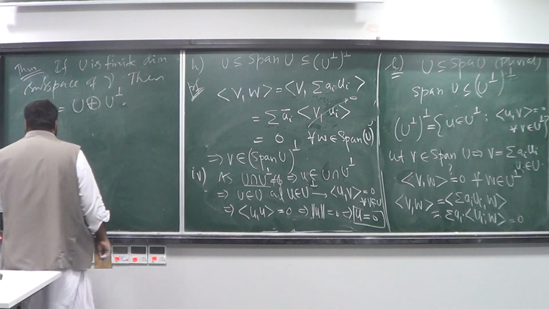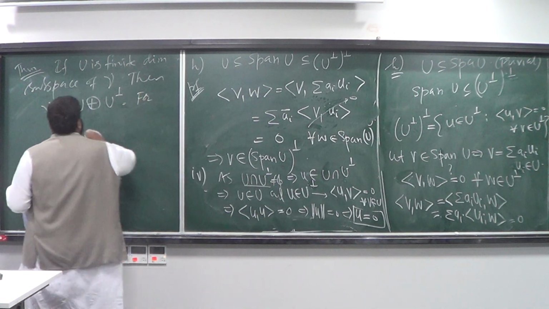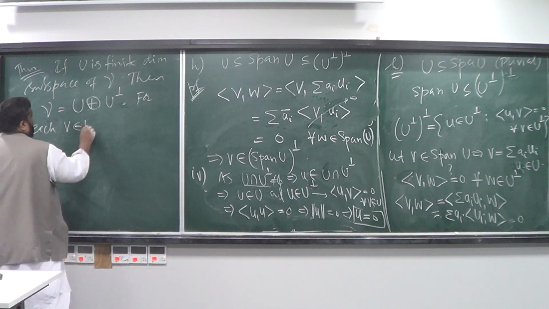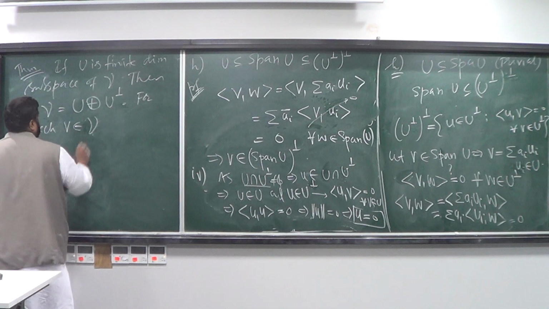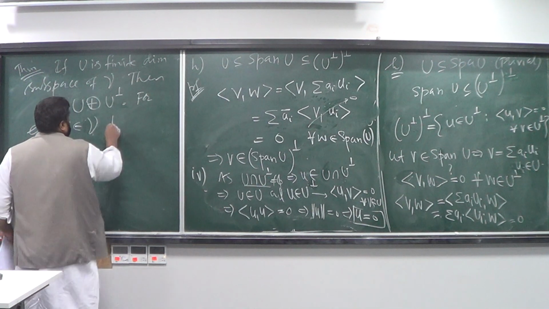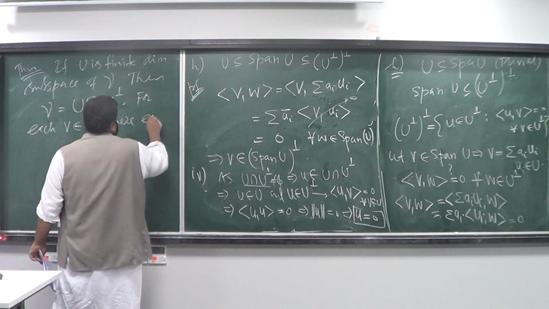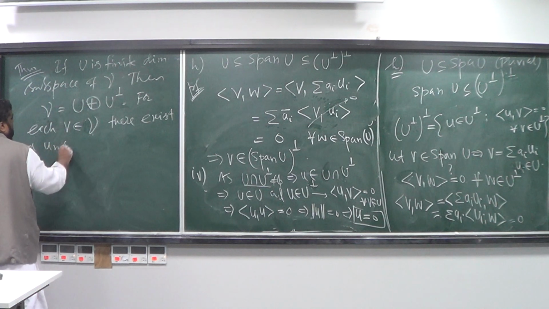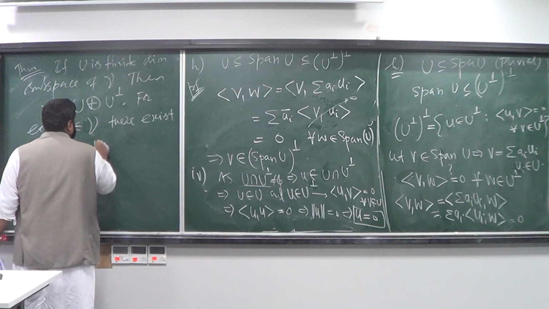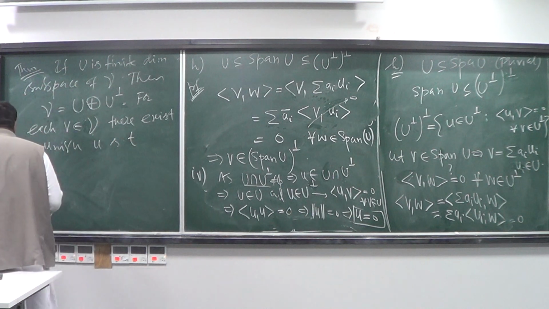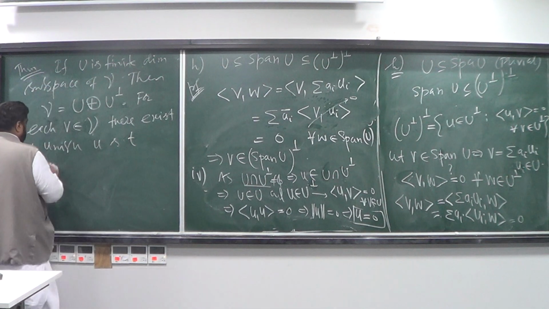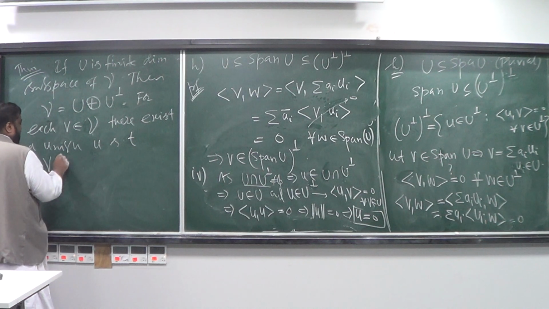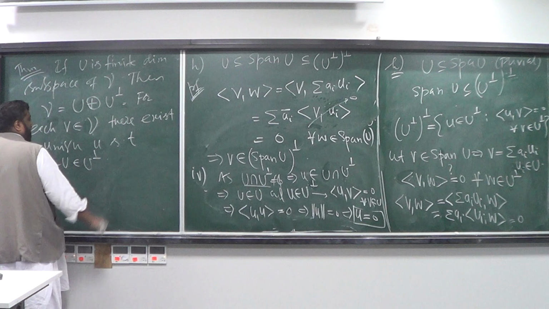In particular, for each V in the inner product space V, we can find, there exists, a unique vector, a unique u, such that V can be written as u plus (V minus u), such that V minus u belongs to U perp.